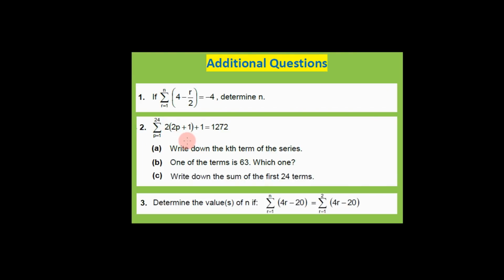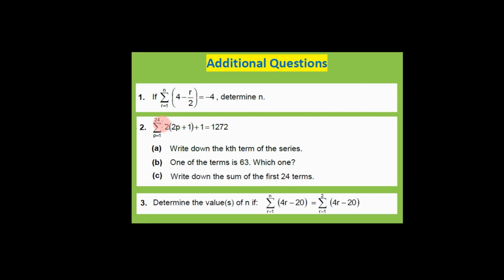In the second question here, we are given the sum in sigma notation, and we are told that it comes to 1,272. In A, we have to write down the kth term of the series. That's quite easy to do because we know that what's written in front of the sigma notation is a general sum.